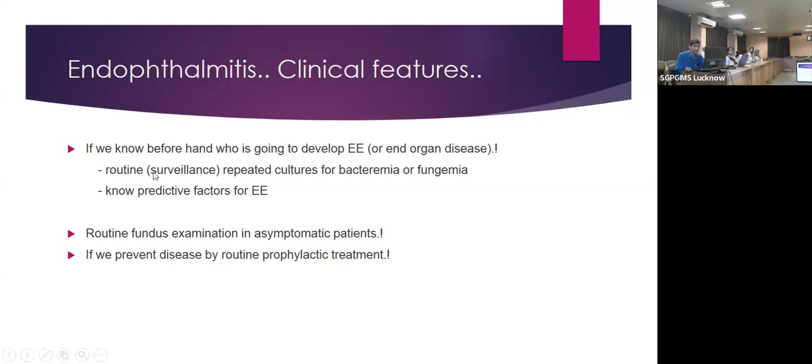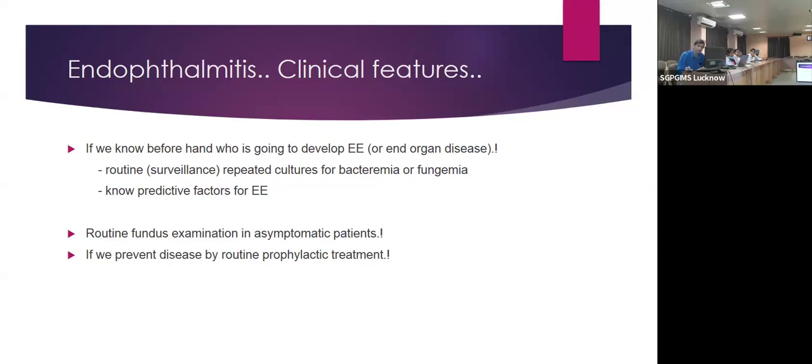They started doing routine or repeated cultures for bacteremia or fungemia surveillance, in all admitted patients or all outpatients, after a fixed interval. But this failed actually. I am showing you how it failed. Doing repeat or routine cultures for bacterial or fungal infection won't work in predicting end organ disease.